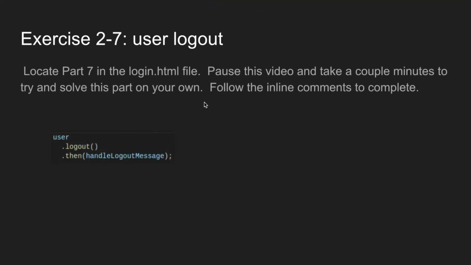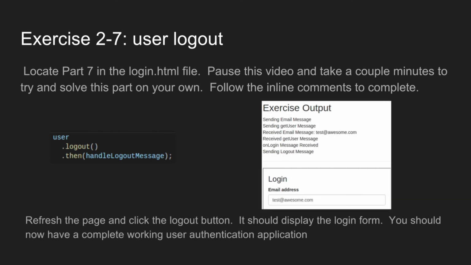All right, and that's the answer to part 7 of this exercise. And you should be able to have a full working application now where we can log in and log out.